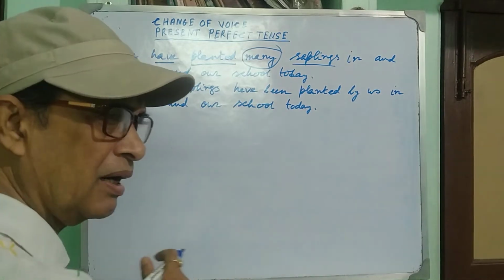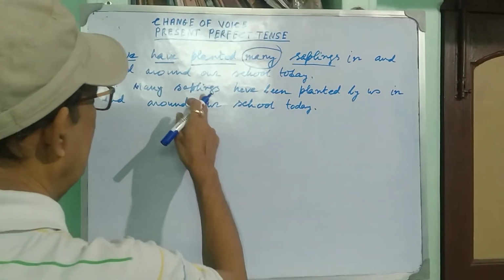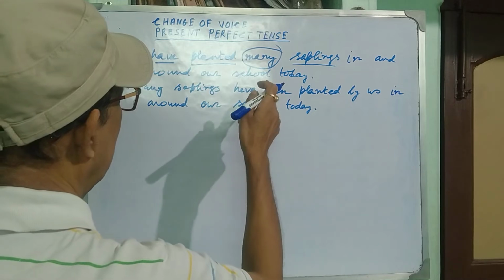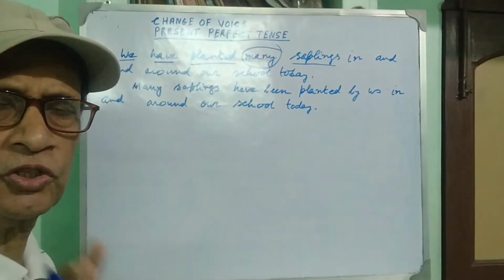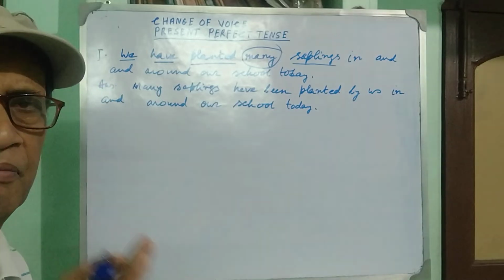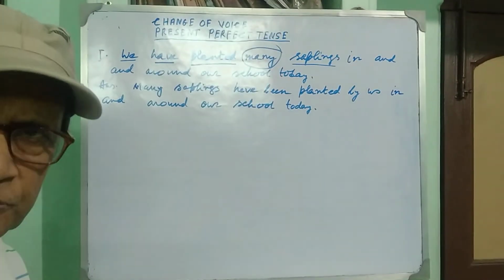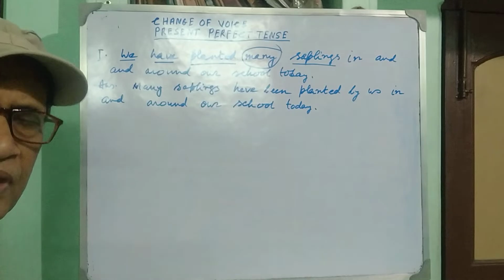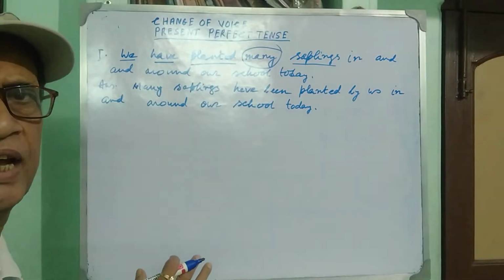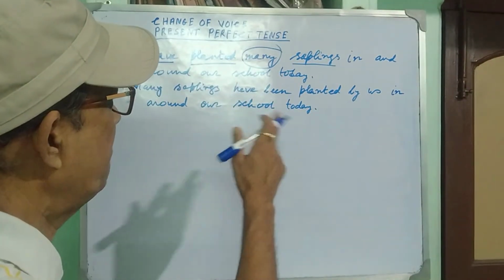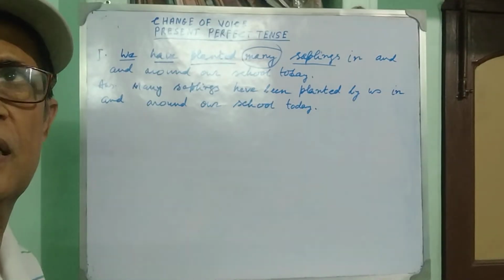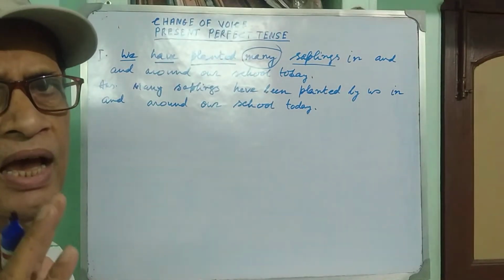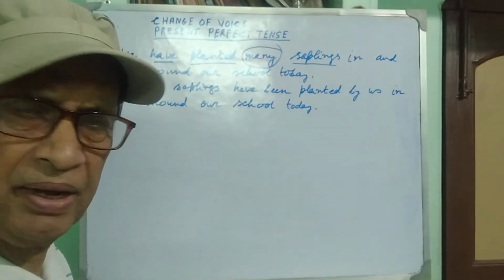Saplings is plural number, and naturally it has taken the auxiliary verb form have been. So the object becomes subject, and according to the subject of the passive voice, you will have to use has been or have been.